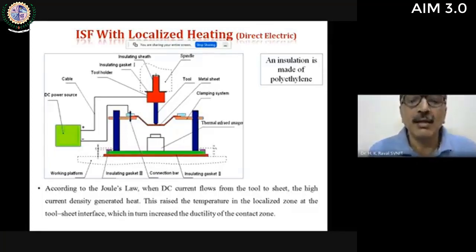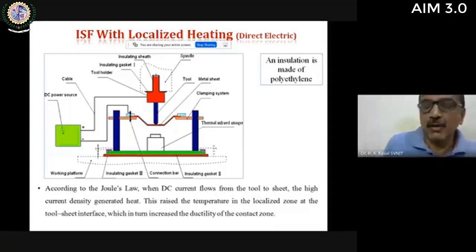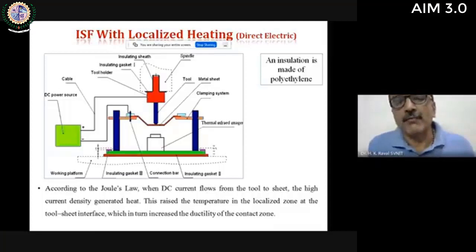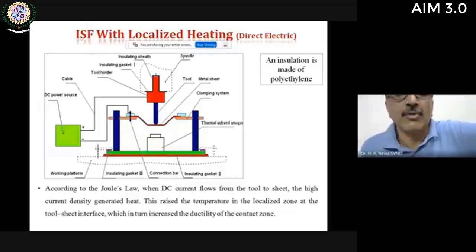Here the entire system is heated, and thereby the material becomes softer, and then forming becomes easier, wherein a smaller tool can also deform the object which becomes soft in nature. So these are a few points which I wanted to introduce as a part of ISF, incremental sheet forming.